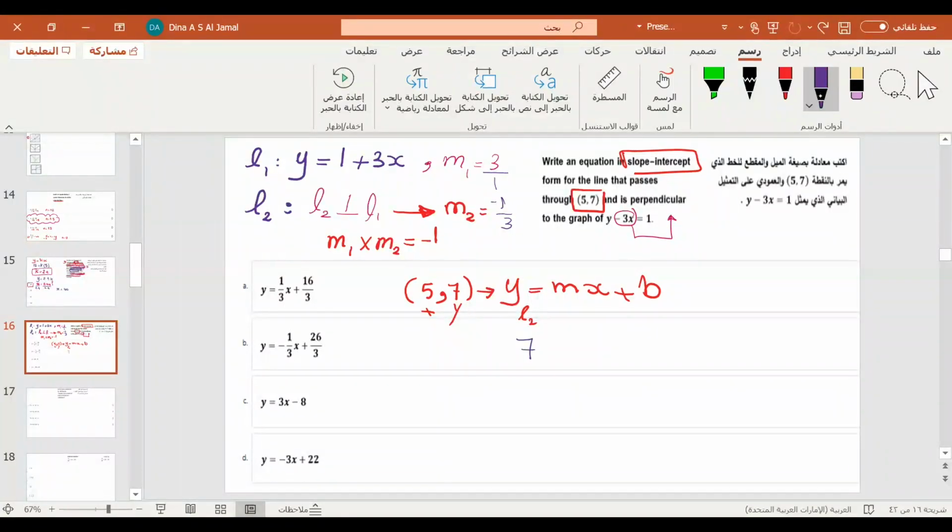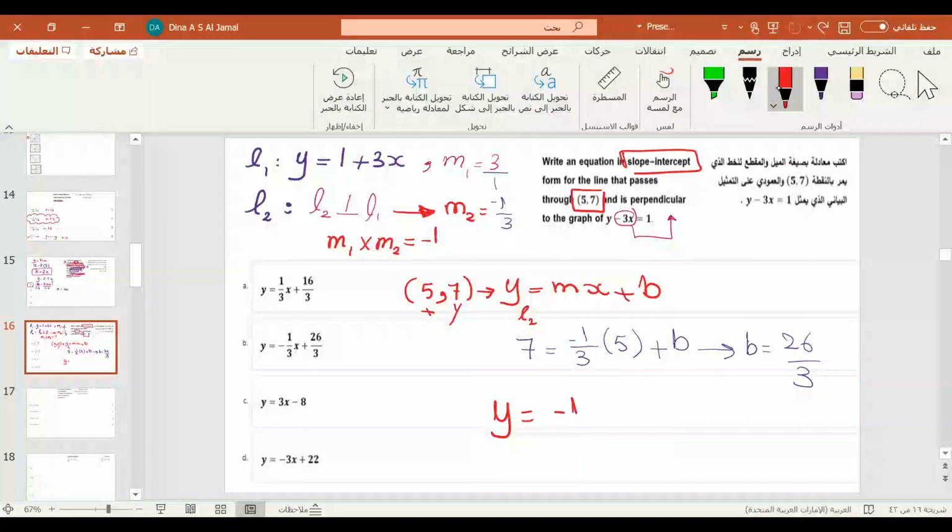So 7 is equal minus 1 over 3 by 5 plus b. With this, your b, it's all about 26 over 3. And now let's write it again. So it will be minus 1 over 3x plus 26 over 3. Good, which will be your b.